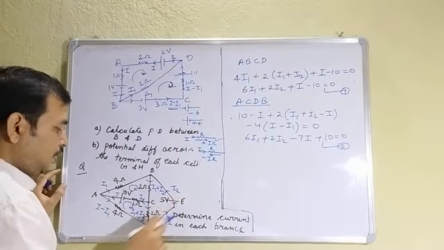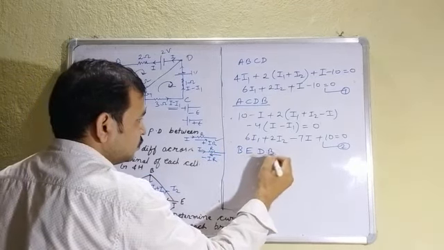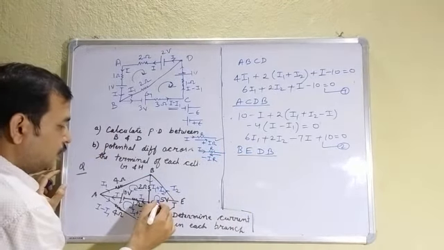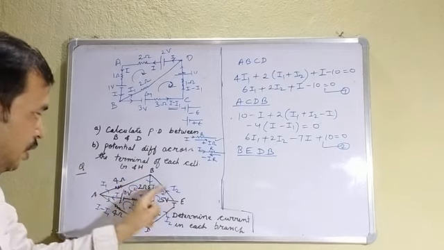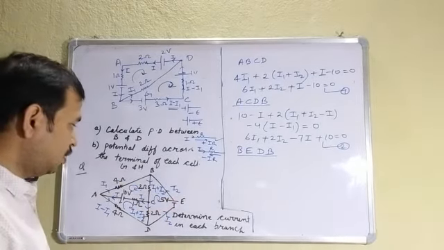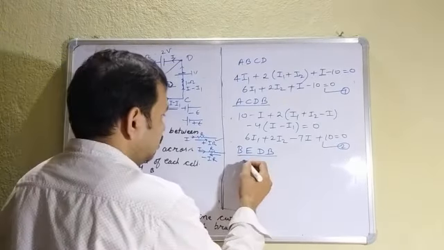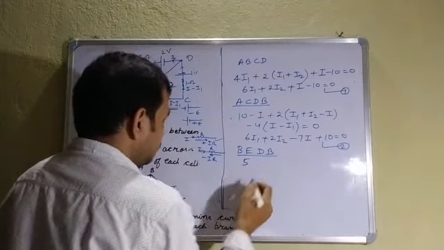Now in the loop B, E, D, B, again we are moving clockwise. From B to E, E to D, we have only the cell here, which is of 5 volt, so we are moving from plus to negative terminal, so it is 5.